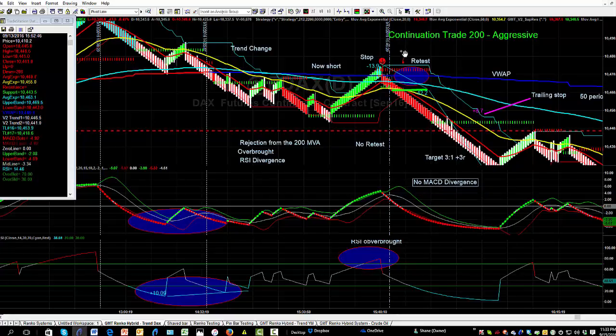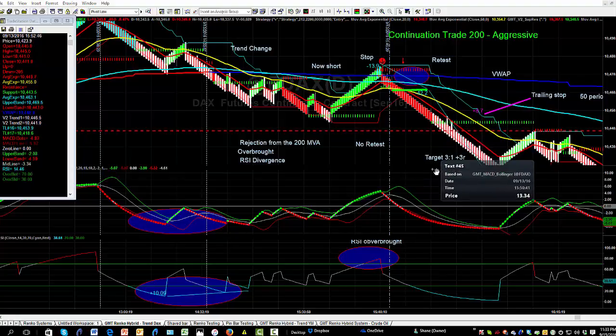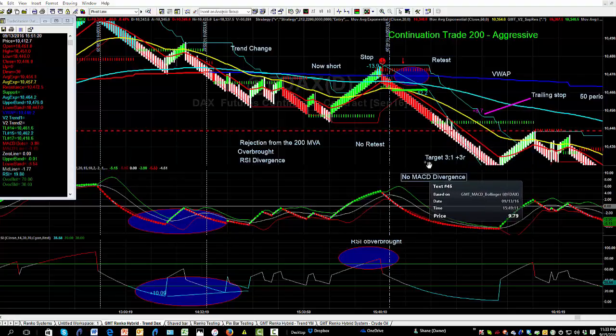We don't have any divergence, so this is actually a fairly aggressive trade. We don't have a retest as well, so the two critical elements we're missing are MACD divergence and a retest of this level. So this would definitely be an aggressive setup.